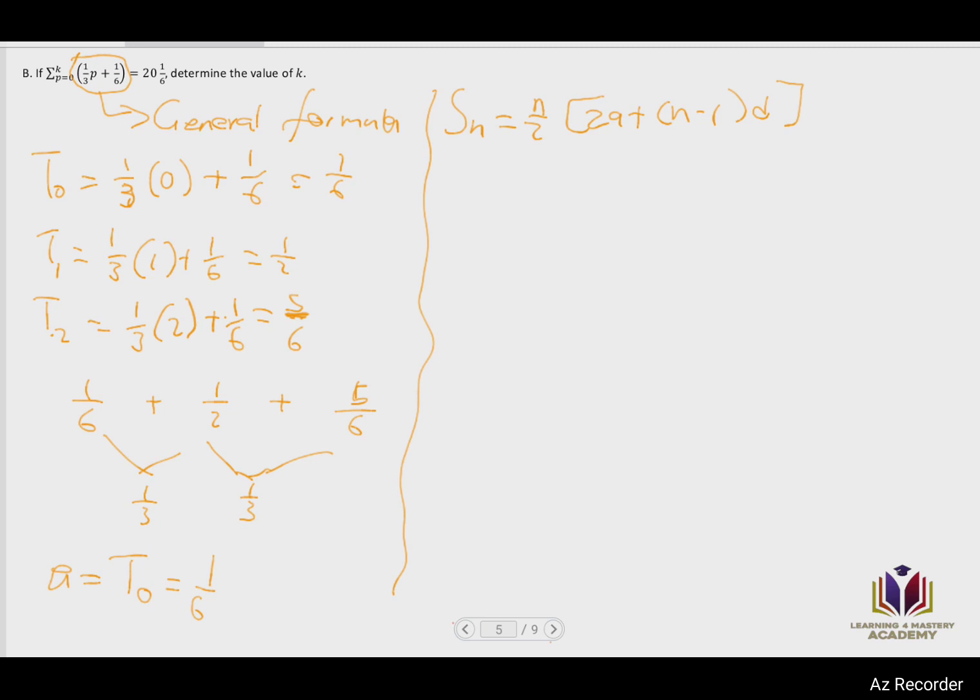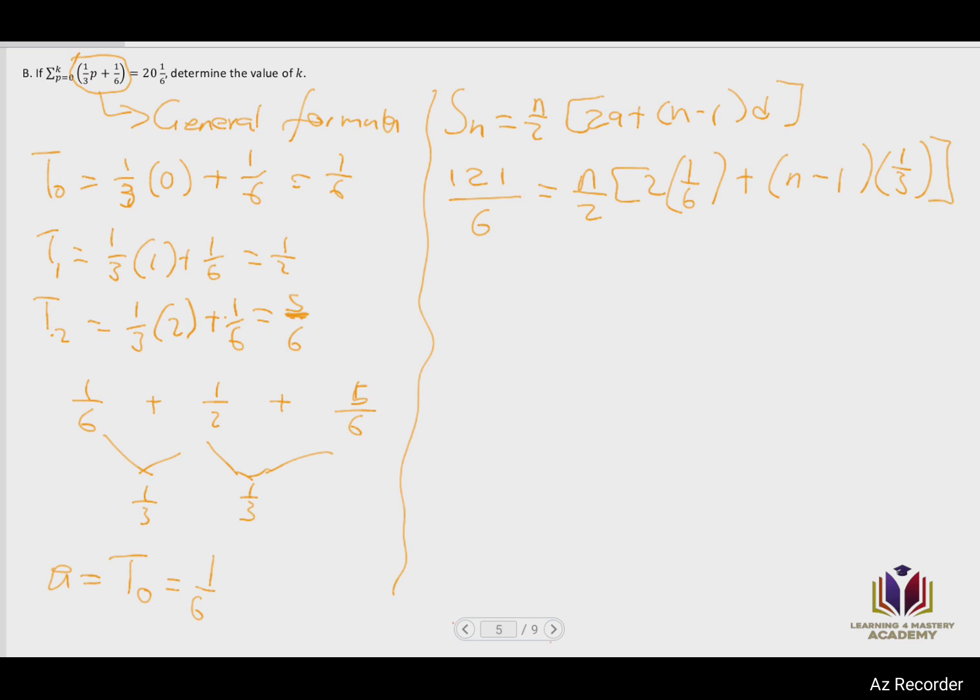We're going to convert the mixed fraction to an improper fraction. I'm just quickly going to do it here. It's going to give us 1 1/6 equals n/2 open bracket 2 times our a, as we said, 1/6 close bracket plus n minus 1 close bracket, the difference we said is 1/3 close bracket square bracket.